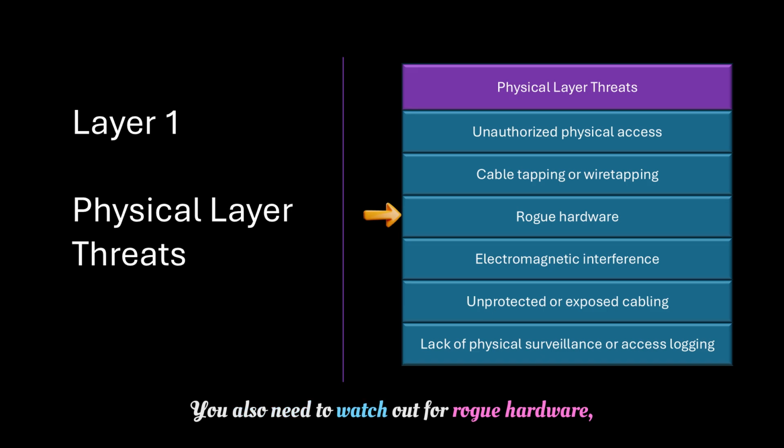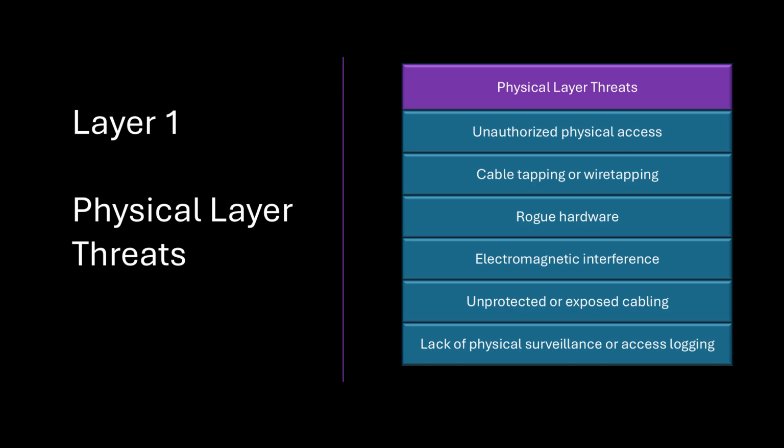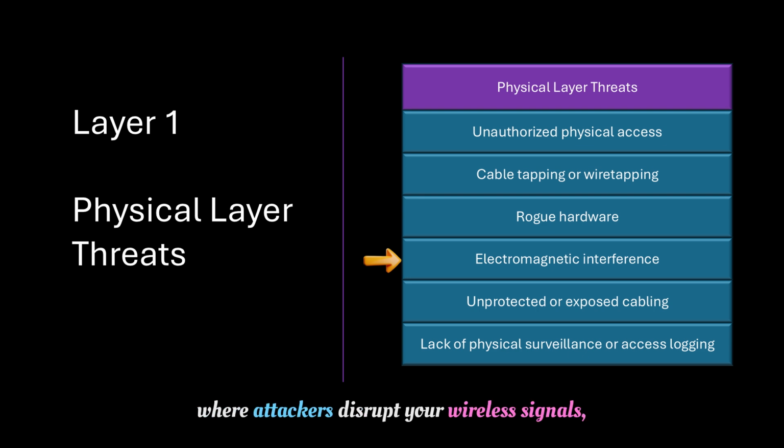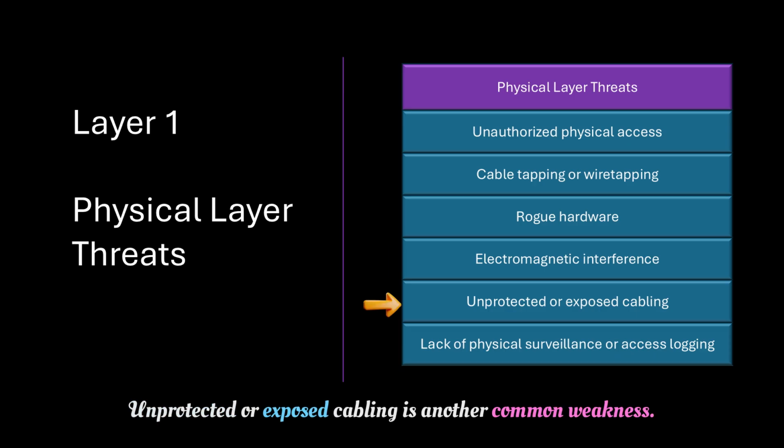You also need to watch out for rogue hardware, tiny devices like Raspberry Pi units or LAN taps that can be discreetly connected to start silently collecting traffic. Then there's electromagnetic interference, where attackers disrupt your wireless signals, affecting availability or introducing data loss. Unprotected or exposed cabling is another common weakness.